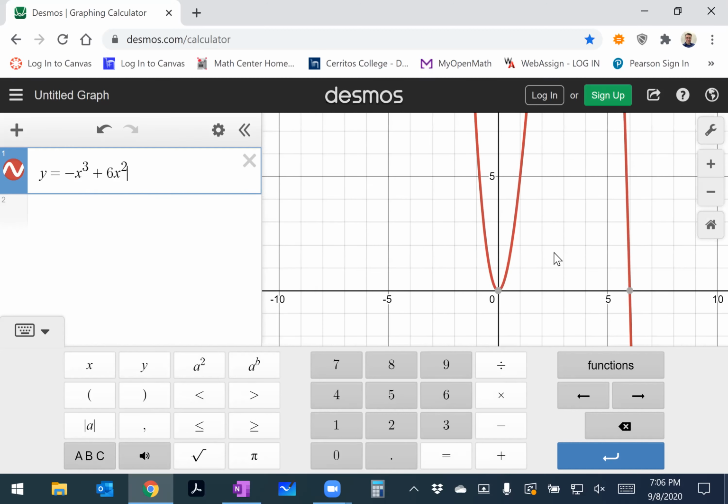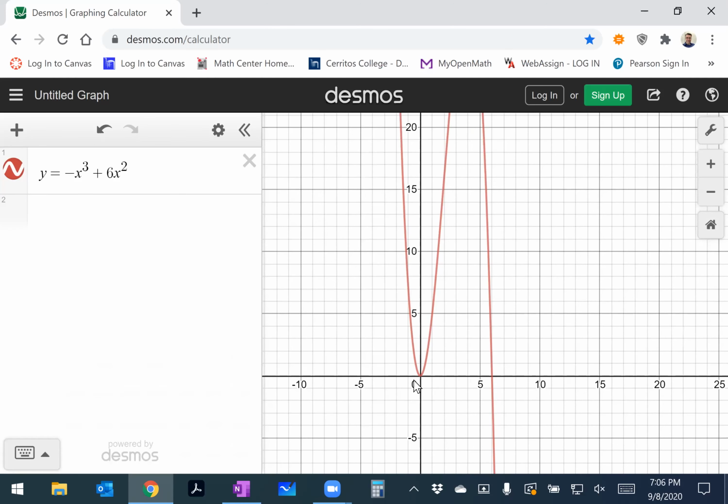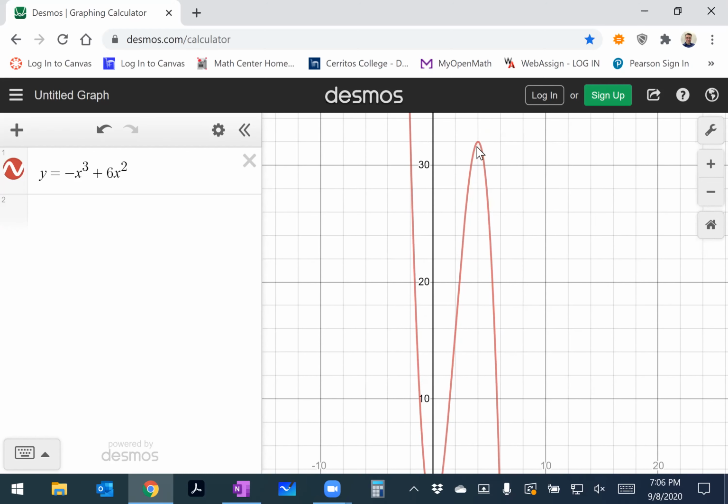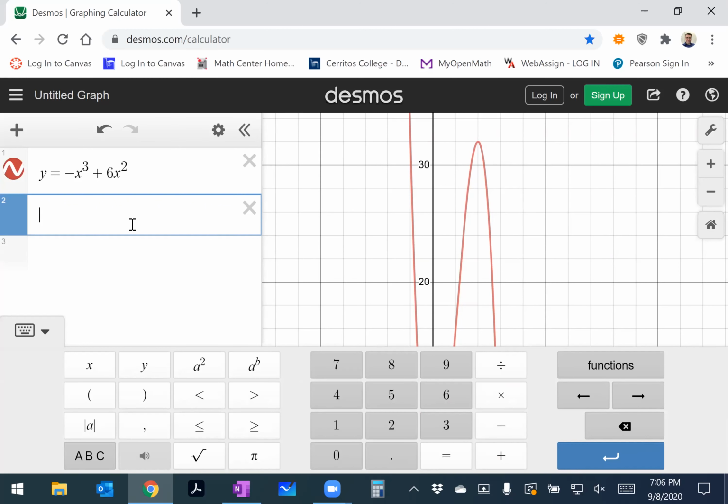Okay, so as we can see, we do have a horizontal tangent at 0, 0. And if we go up here, we do have another horizontal tangent at 4, 32.